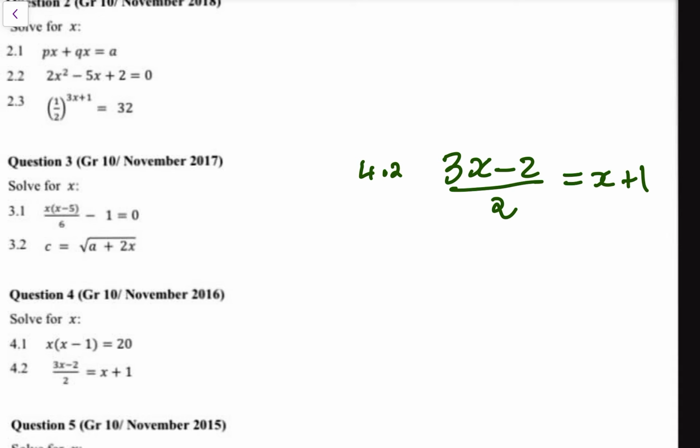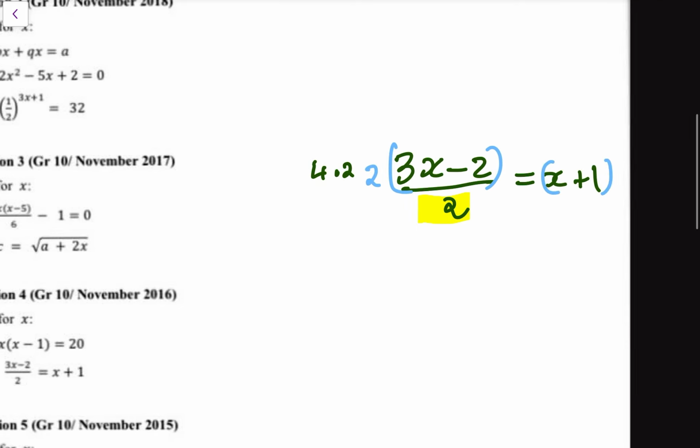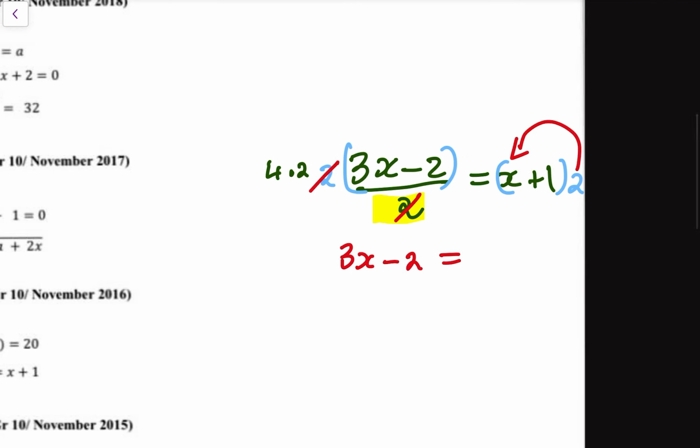So first thing first, we want to get rid of this 2. So we must multiply everything by 2. Now, 2 and 2 will cancel, and then we are going to have 3x minus 2 is equal to, and then here we have 2 times x, which will be 2x, and 2 times 1, which will be 2.